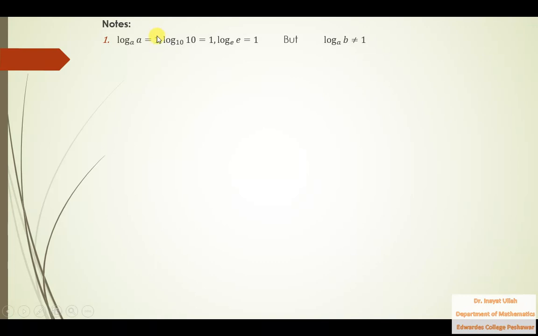Log to the base a of a is 1, log to the base 10 of 10 is 1, log to the base e of e is 1. But if the base and that value are not matching, then this answer will not be equal to 1.